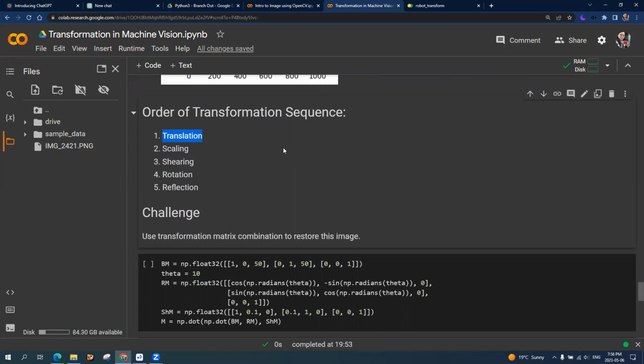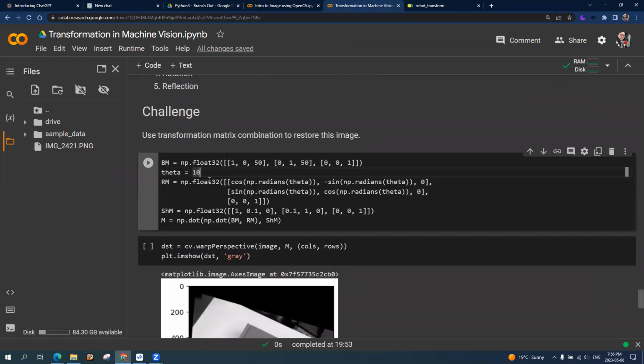And then you apply the second transformation on the result to get the third result, and so on. You can do this. Or we can use matrix multiplication to combine the matrices and then do the transformation in one shot. So I'm gonna demonstrate one example here.